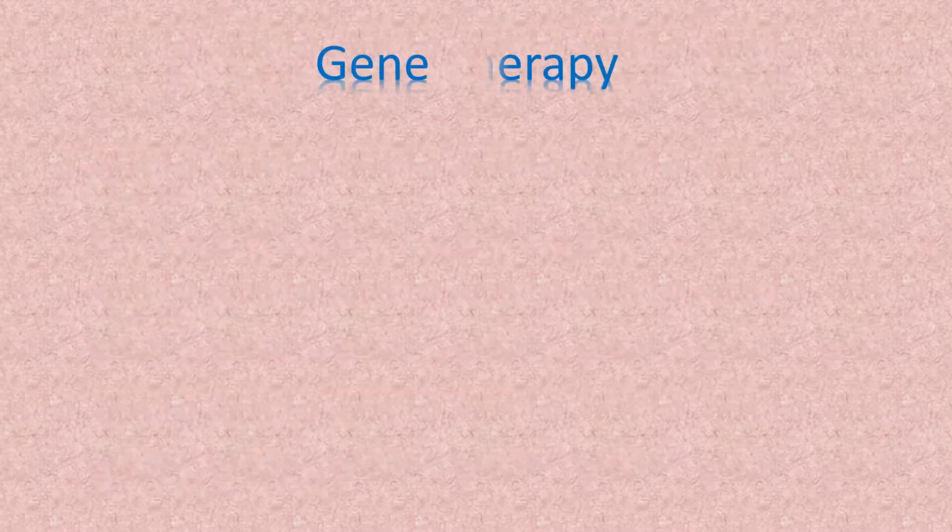Gene therapy. Gene therapy refers to the replacement of a defective gene. If a defective gene is there in a particular organ, that defective gene alone is replaced and a fresh gene is inserted. That is gene therapy.